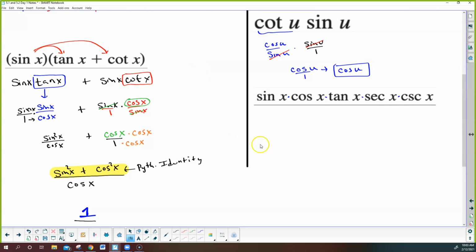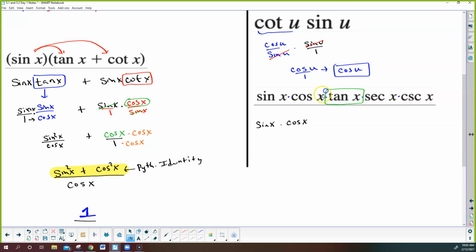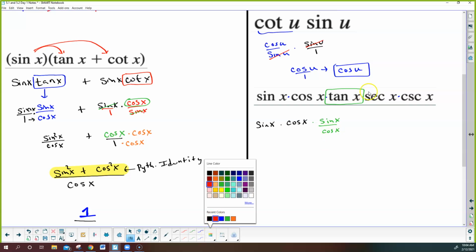All right, let's look at the big one here. The nice thing here is we've already got sine x, cosine x. Then we've got tangent. I'm going to replace tangent with what tangent is equal to, which is sine over cosine. But then I've got secant.